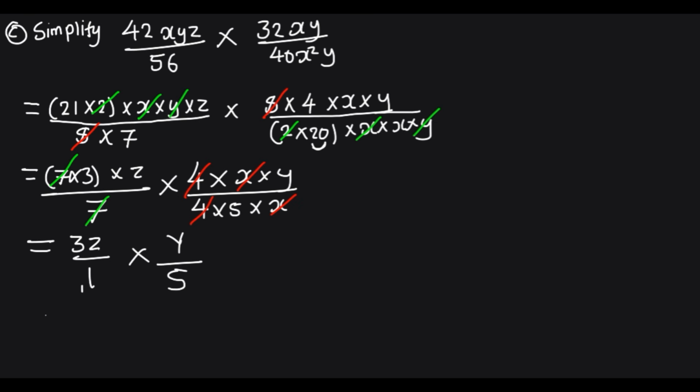So our final answer is 3z times y, which is 3yz, over 1 times 5, which is 5. This is our final answer, since it cannot be simplified further. So this is how you can answer this question from section B of mathematics paper 2.